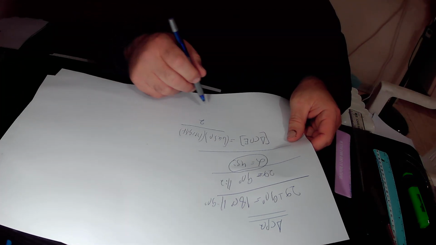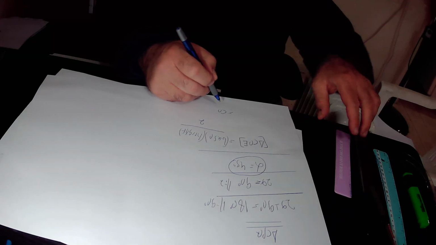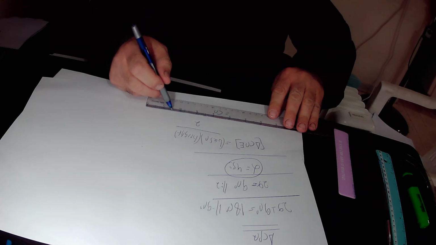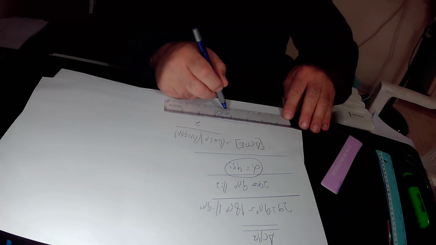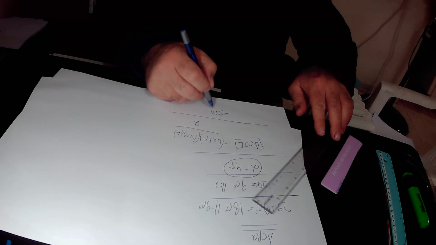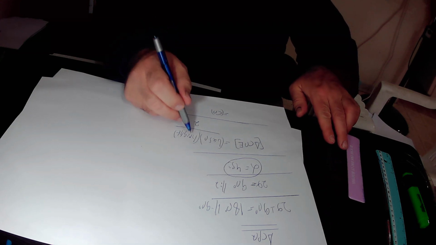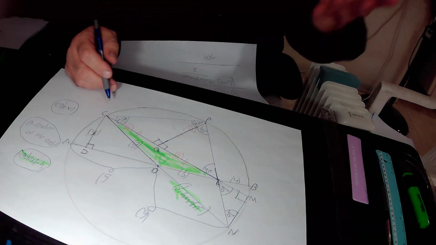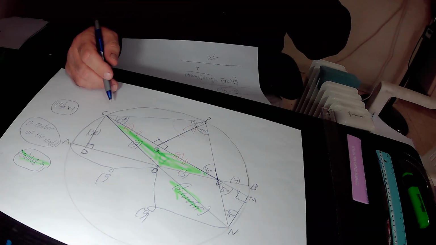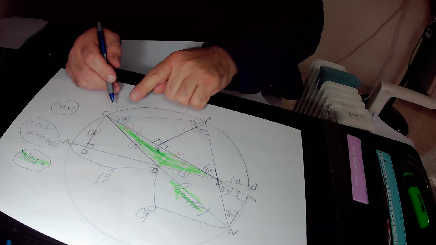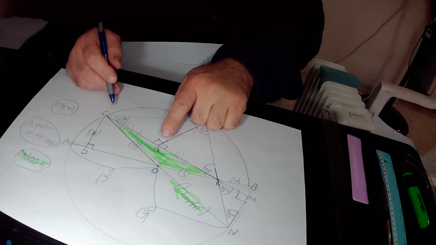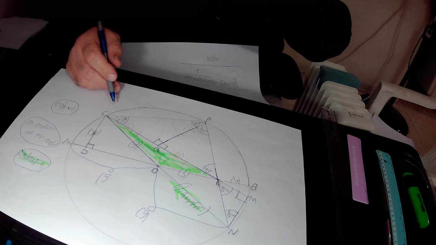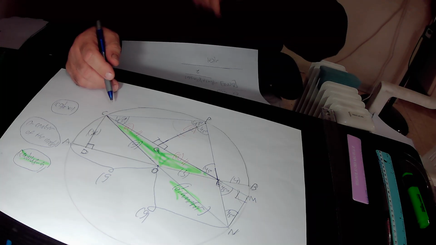The base is CO according to our choice, times the height. The height to the base CO must be perpendicular to the base CO. You can also say that the height to the extended base CO must be perpendicular to the extended base.